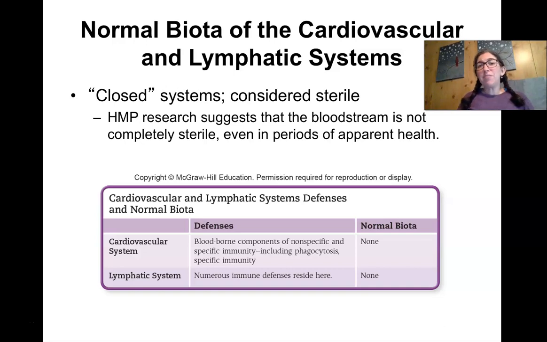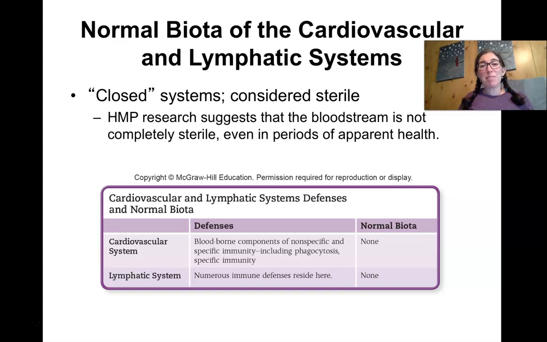There might be some viruses, though. There might be some viruses or phages that normally circulate in our blood, and we just haven't identified them because maybe they aren't harmful to us, but might be there. There's probably a lot of asymptomatic normal viruses. The virome is sort of next on the list.